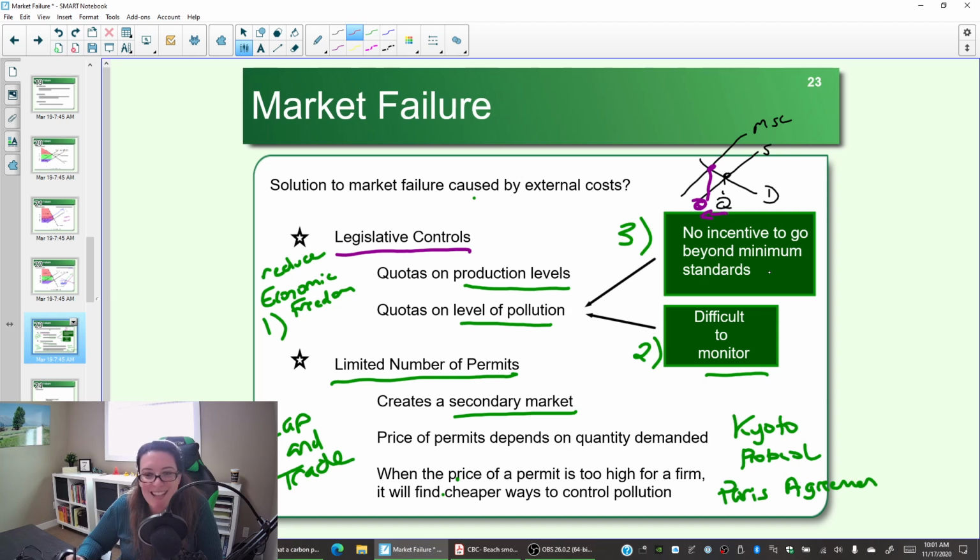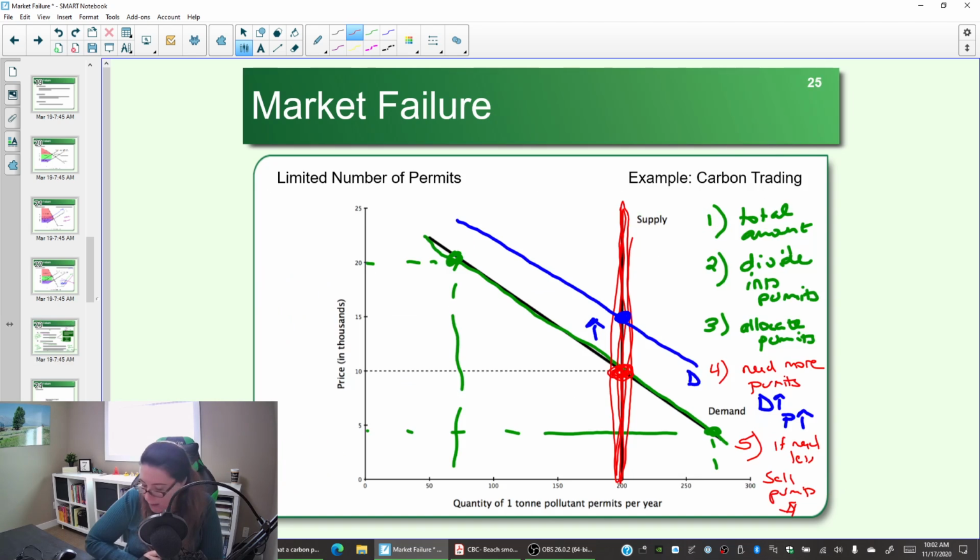And there's an incentive to go beyond the minimum standard, because if you find a way to produce that has less pollution, you can actually profit from it because you can sell your permits to other companies or countries. And so economists like the idea of cap and trade because we're leaving it up to the market and individuals to decide what's in their own best interest.